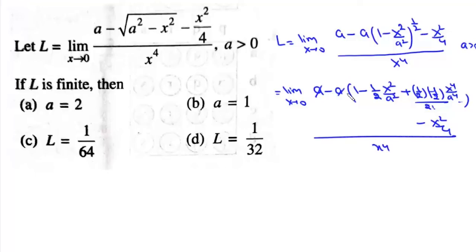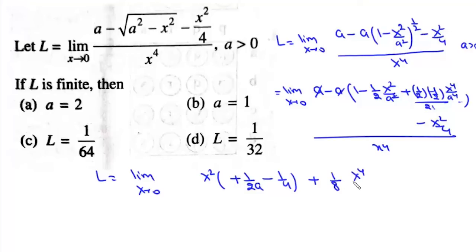Now here a and a will cancel, so we can write this limit as limit x tends to 0, and then we have this x square. Now this is minus 1 by 2, and this a and a square, so it will be this minus 1 by 2a, minus minus plus, and then minus 1 by 4, and then we'll have minus minus plus 1 by 8 x to the power 4 upon a cube and higher powers of x upon x to the power 4.